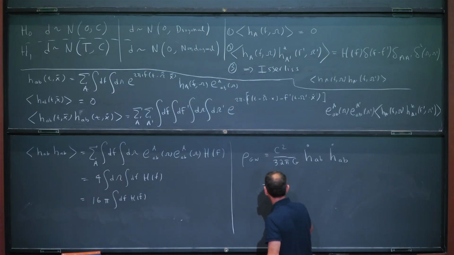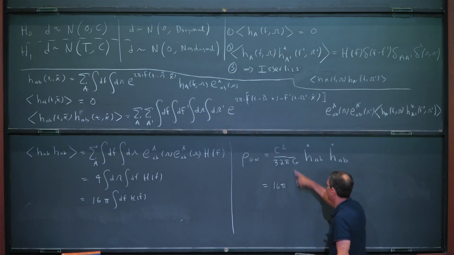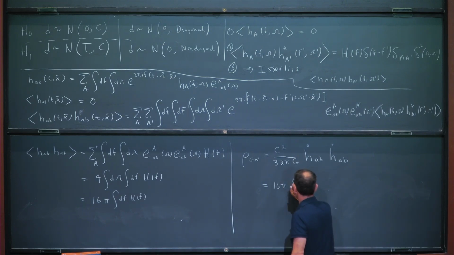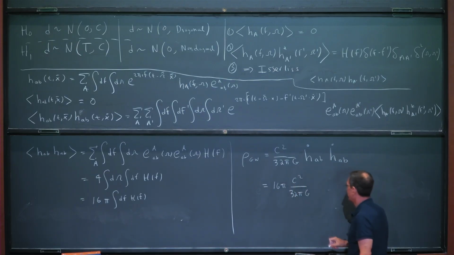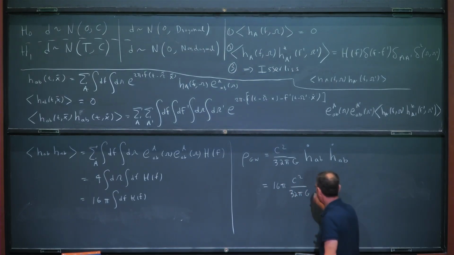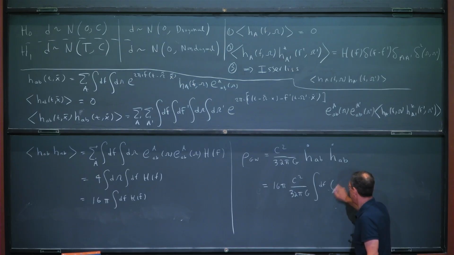Same thing I've got here. Then there's going to be a factor of c squared over 32 pi G. And then there's going to be the exact same integral I have there, except with the factor of 2 pi i times 2 pi minus i.